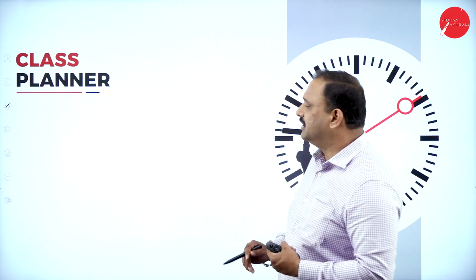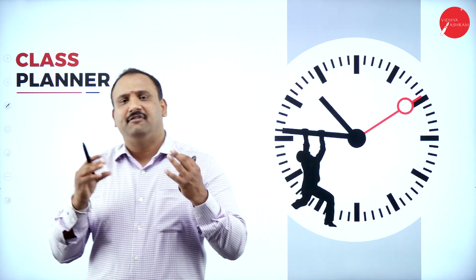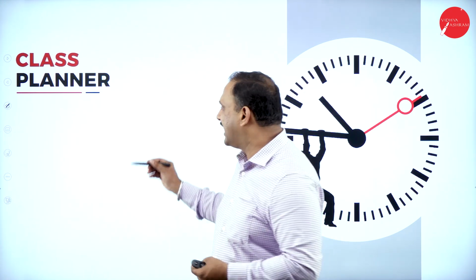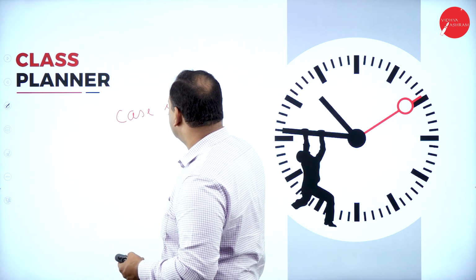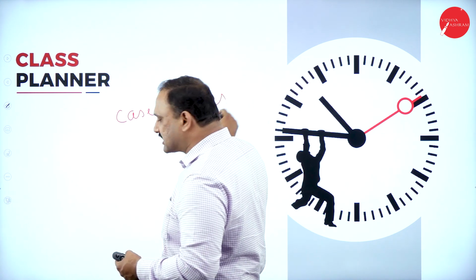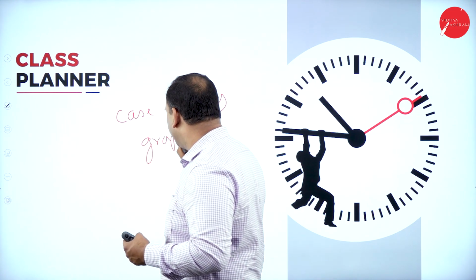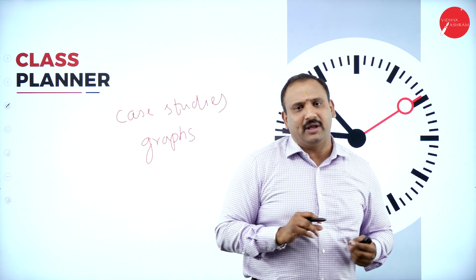Now, moving further, with this, after the syllabus is done, let me give a very brief idea about the class planner. In the class, we have decided to have case studies, and I have also decided to have exclusive classes only for graphs and for the problems to be solved. Now, why are these two important?